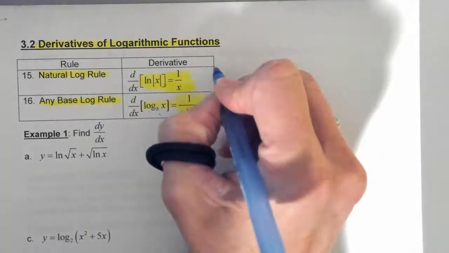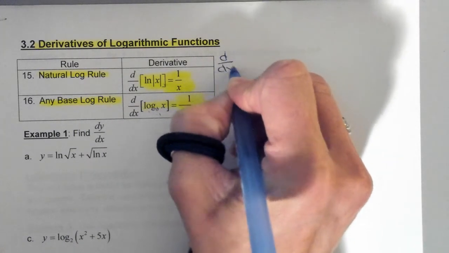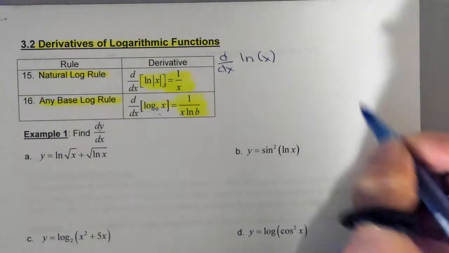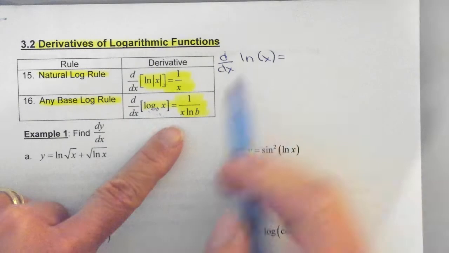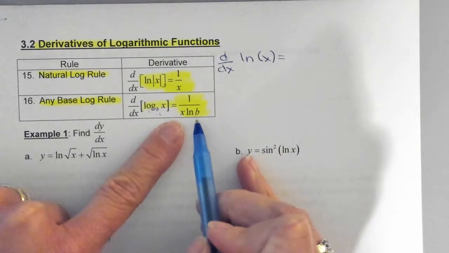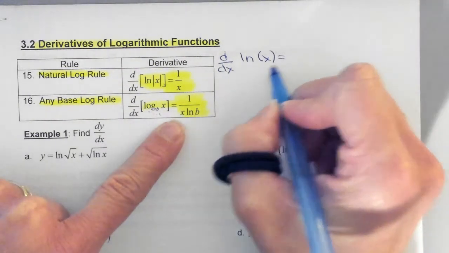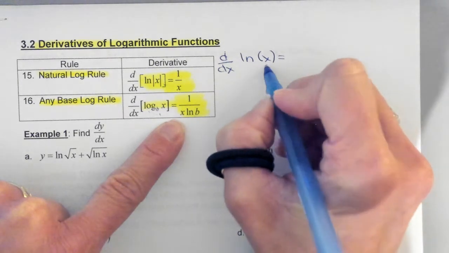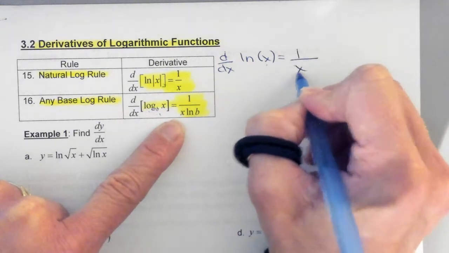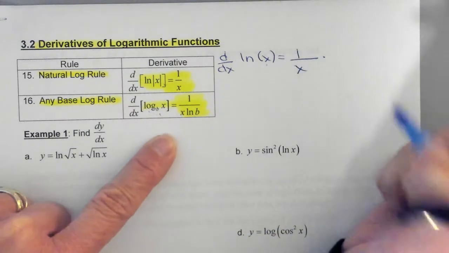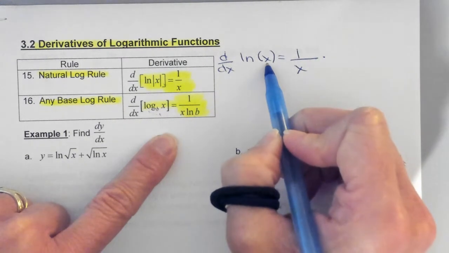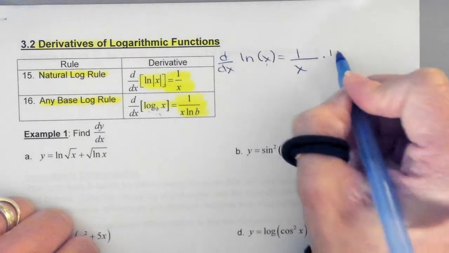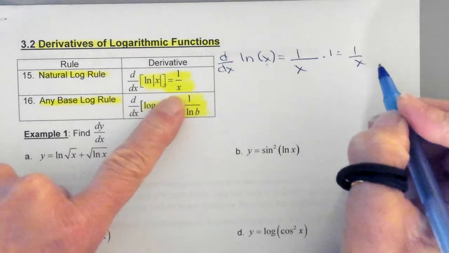So if I asked you to take the derivative of the natural log of just x, the derivative based on this right here is 1 over what you are taking the log of, so it's 1 over x times the derivative of the inside. So what's the derivative of the inside? It's just 1. So we get 1 over x, which is the derivative here.